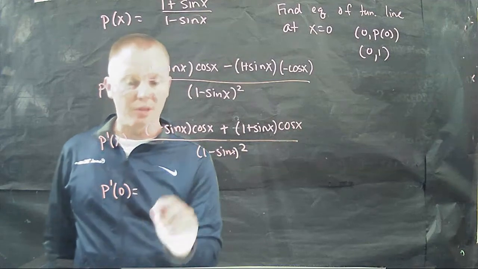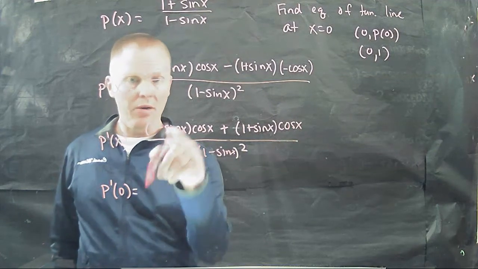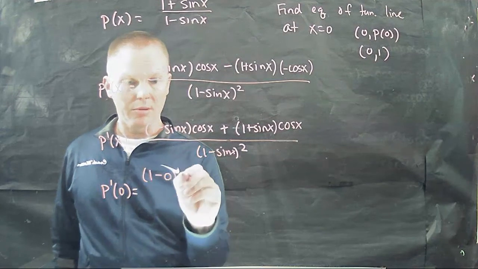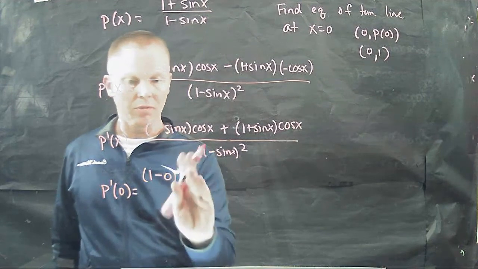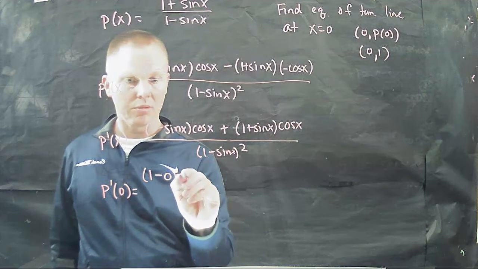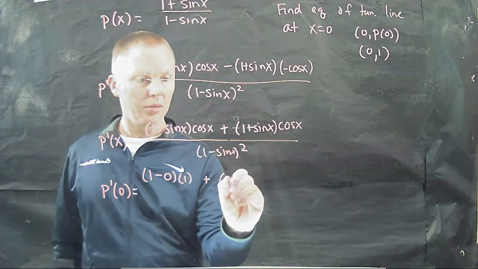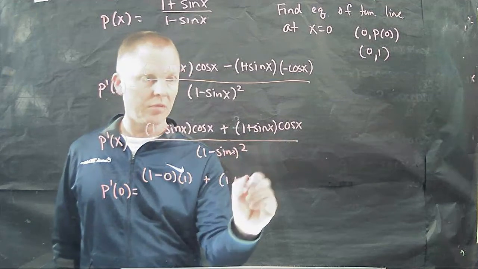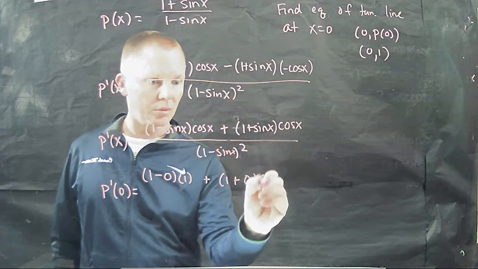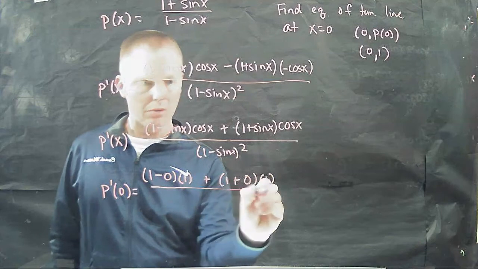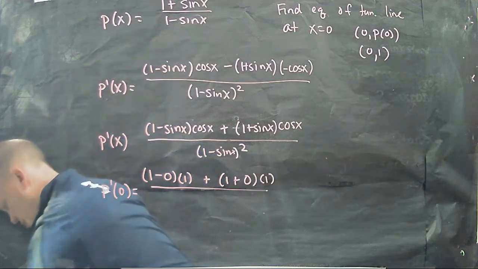So p prime of 0 is going to equal 1 minus 0 times cosine of 0. Now what's the cosine of 0? It's 1. Plus 1 plus sine of 0, which is 0, times the cosine of 0, which is 1, over, running out of ink here, friends.